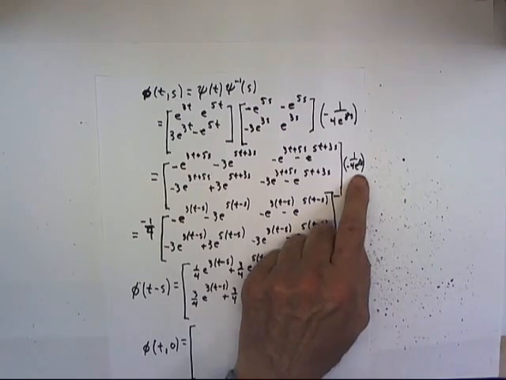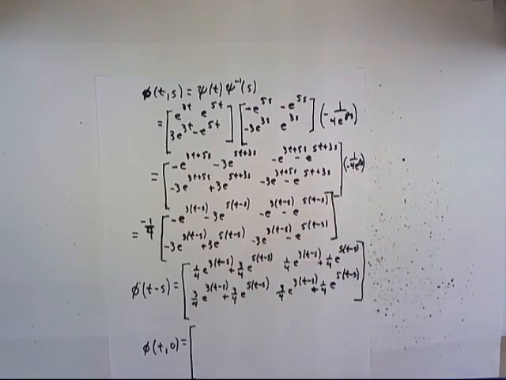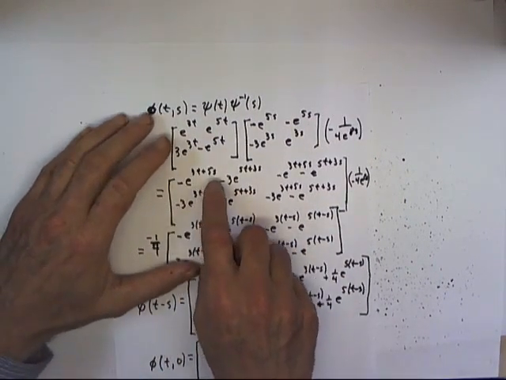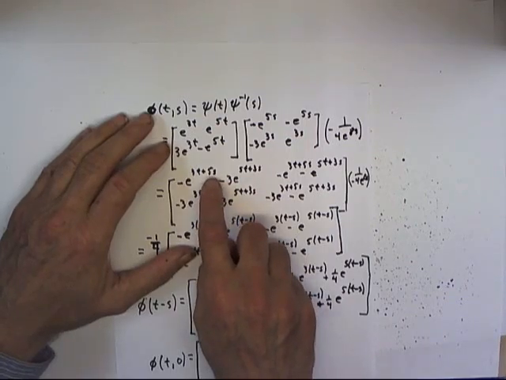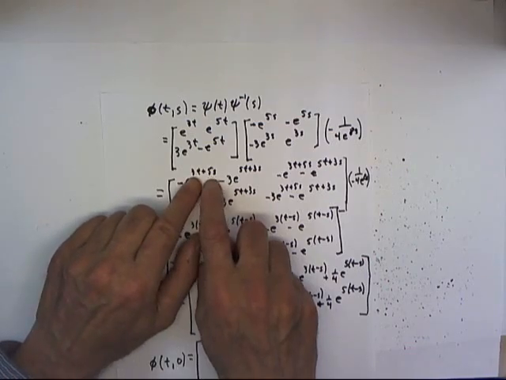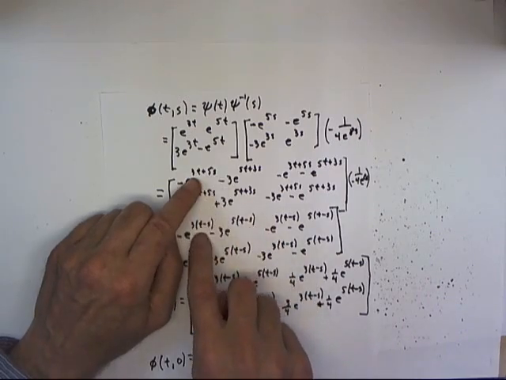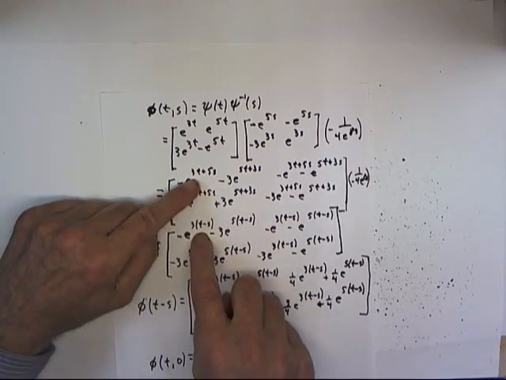Now, an interesting thing happens when we divide by the e to the 8s. That's going to reduce the coefficient of our s's here by 8. So the 3t plus 5s is going to become 3t minus 3s, which could be factored to give us 3 times t minus s. And that's the way we have it here.